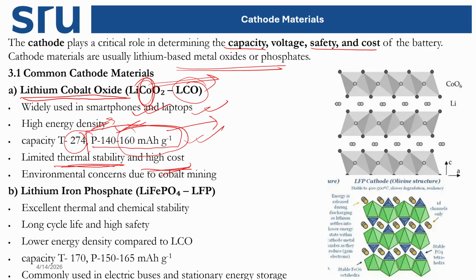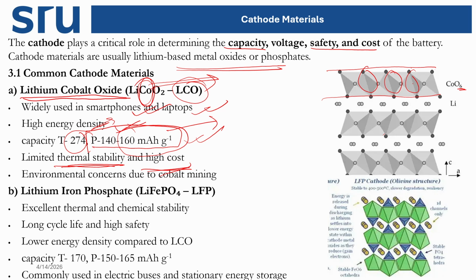If you see the structure of lithium cobalt oxide, it is called a layer type structure. In the layer structure, what is happening? If you see, this is an octahedron. In the middle there is cobalt, and 6 oxygen atoms are coordinated octahedrally, and this completes one layer.